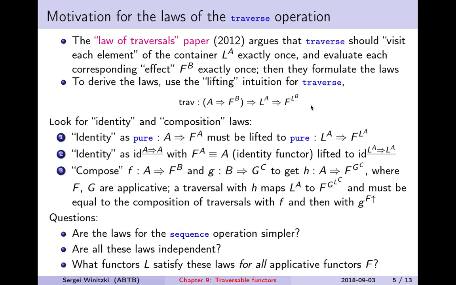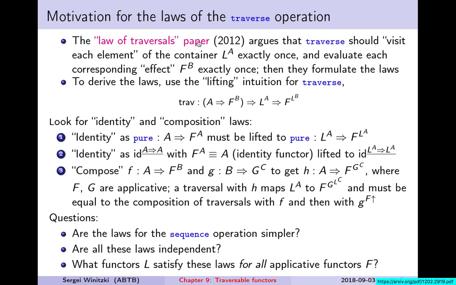So it's a lifting of sorts, and every time we had liftings so far, we had laws of identity and composition. In other words, there was some kind of identity here and some kind of composition of these, and this has to translate into identity here and composition of these.